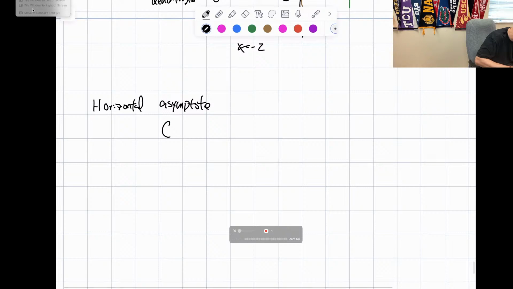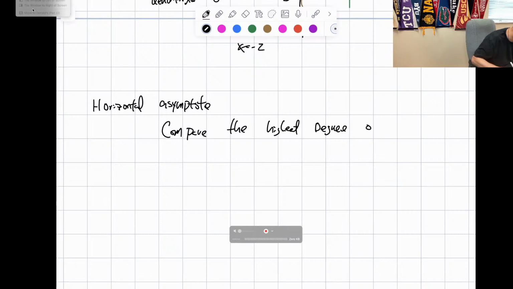You compare the highest degree of the numerator and denominator of the rational function.